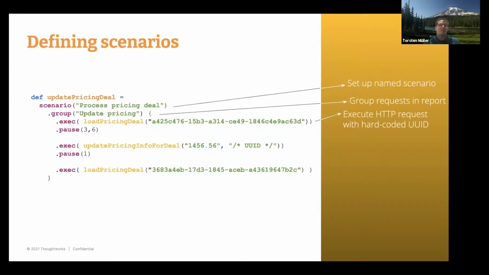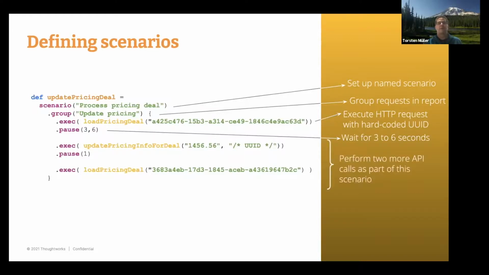So once the request is done, of course, computers are really fast, and if you don't tell them to wait, they just keep going. So to simulate human behavior, we tell Gatling, okay, after you've done this request and the response has come back, wait for between 3 and 6 seconds. And only then do you go and do the next request, which now takes 2 parameters.